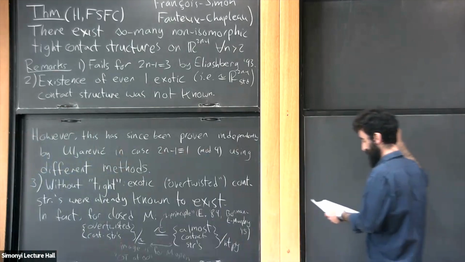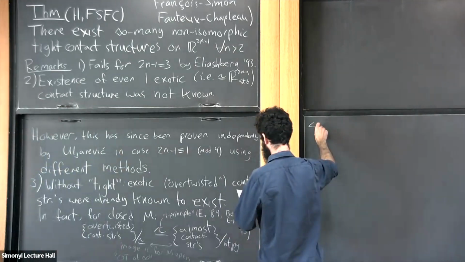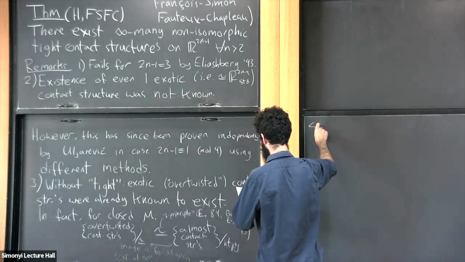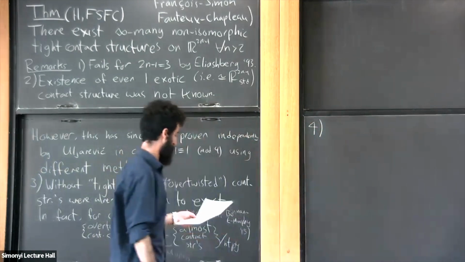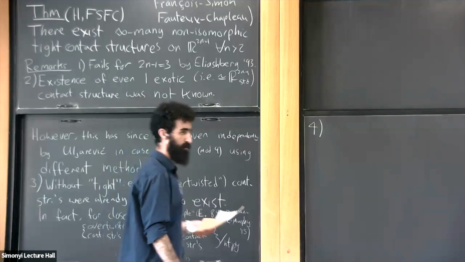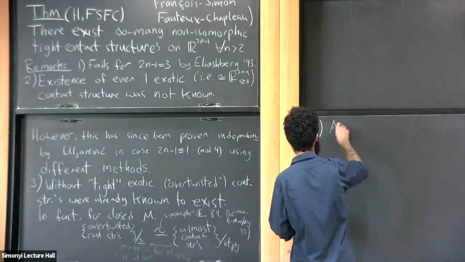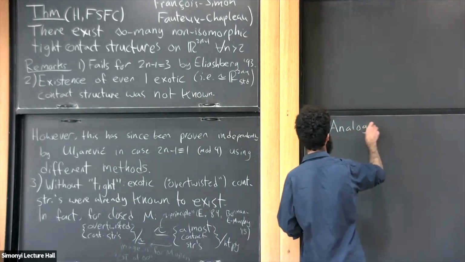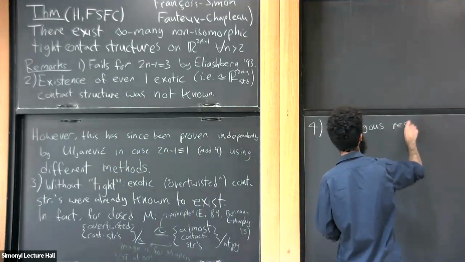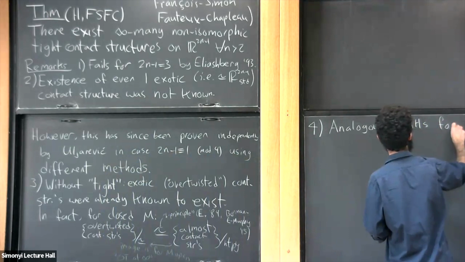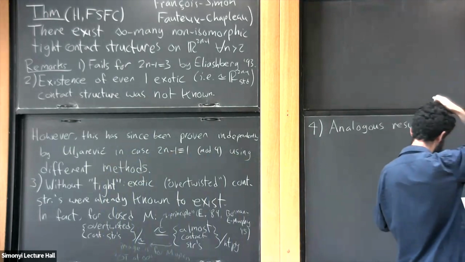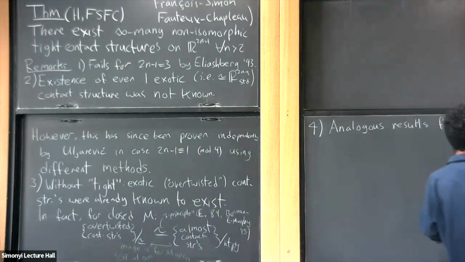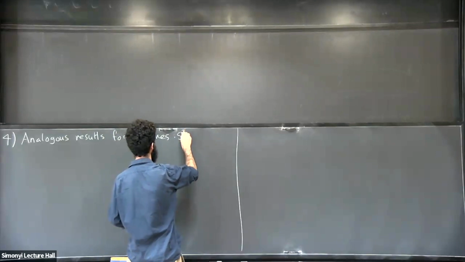All right, just two more comments. Maybe I'll just mention the analogous results for spheres. Okay, so first of all, S^3, just like R^3, has just one tight contact structure.